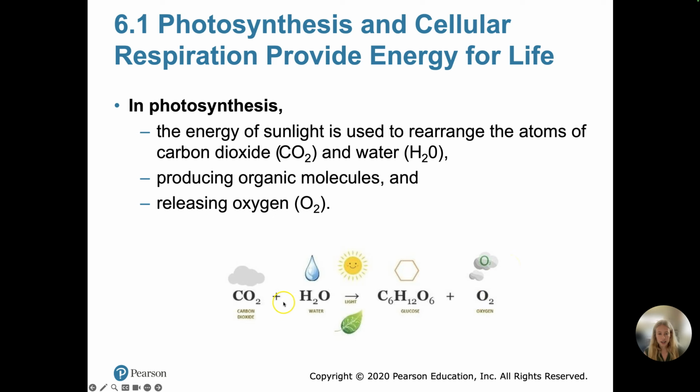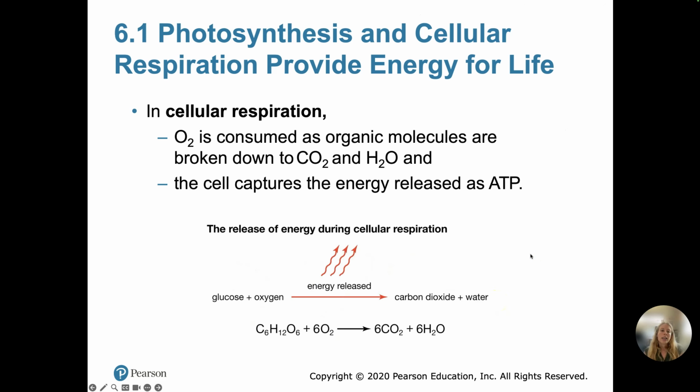So this is the photosynthesis equation. CO2 plus H2O with the energy from sunlight reacts to form C6H12O6, glucose, and oxygen.